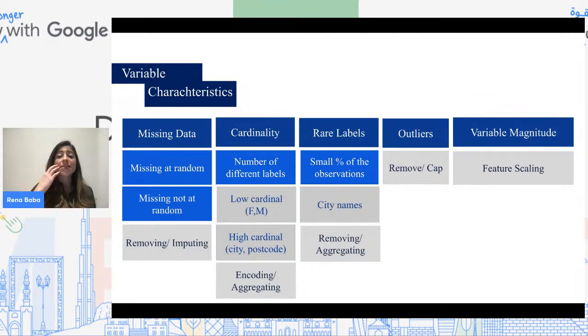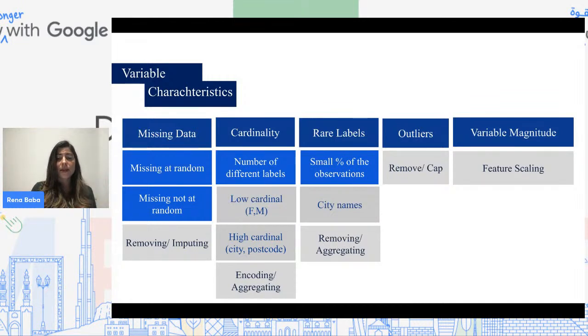For example, let's say we're talking about city names, and you are looking at where the employee is from. Of course, cities with very low population, like, let's say I'm from Tripoli, Lebanon, you will probably find a very small percentage of the observations are from people from Tripoli, versus people from New York or a more populated city.